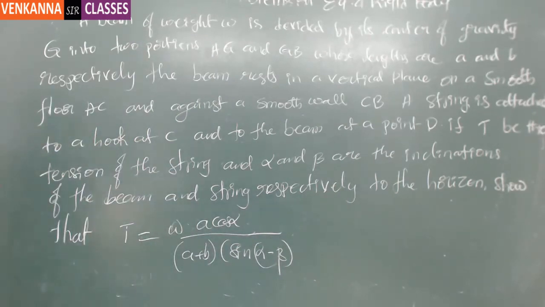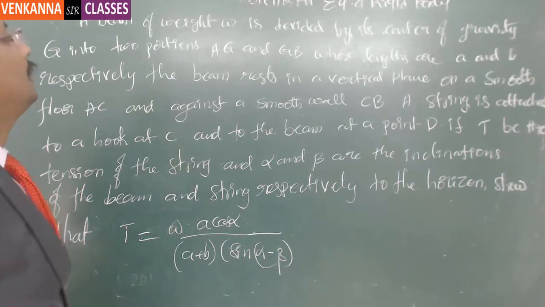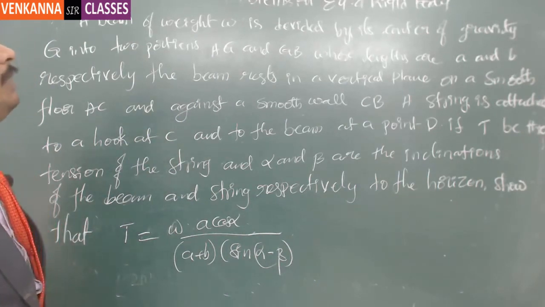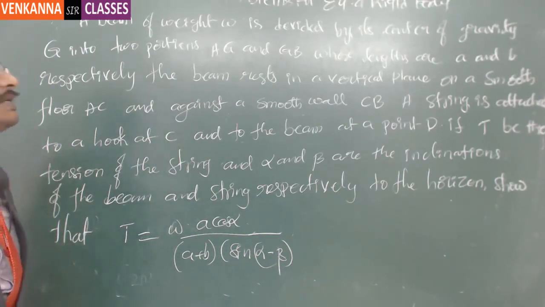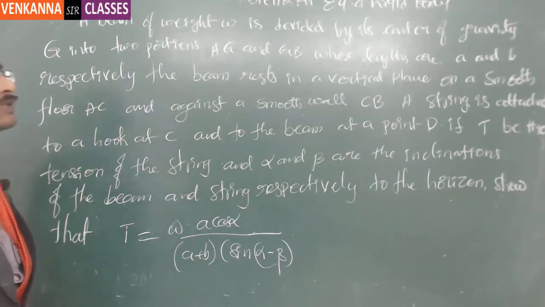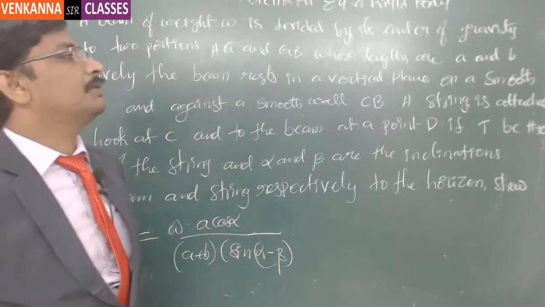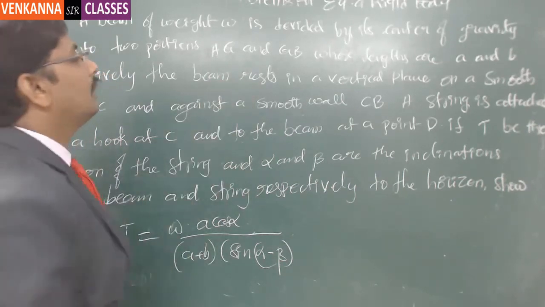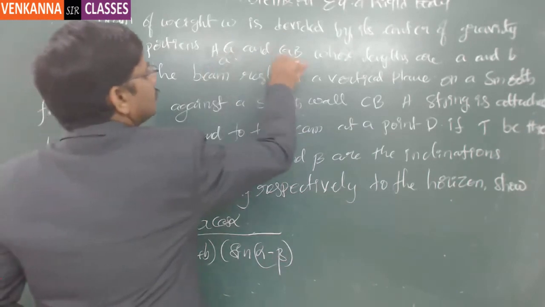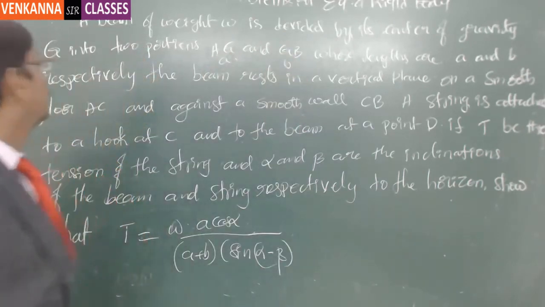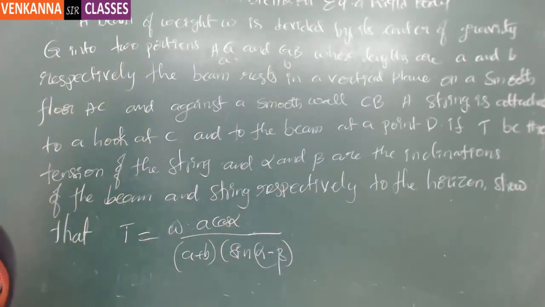Now see this, in the problem statement, a beam of weight W, so there is a beam whose weight is W, is divided by its center of gravity G into two portions, AG and GB, whose lengths are A and B respectively. The beam rests in a vertical plane on a smooth floor AC and against a smooth wall CB.